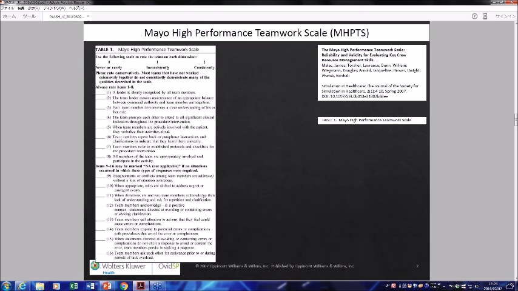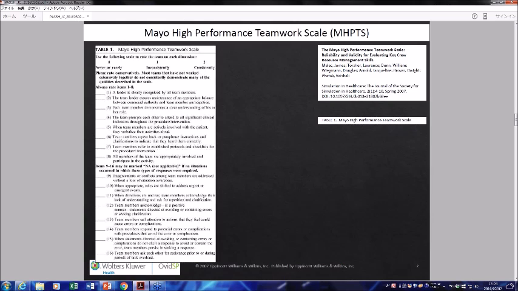The next one is the Mayo High Performance Teamwork Scale, which is published in the SSH journal. The typical characteristic of this tool is that you need to fill in a score from 0 to 2. But you need to observe many kinds of things. Let's have a look closely.